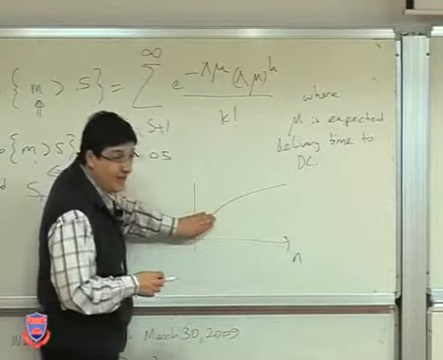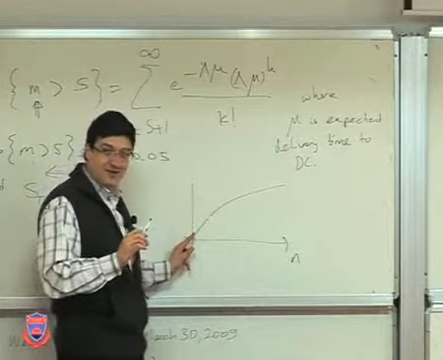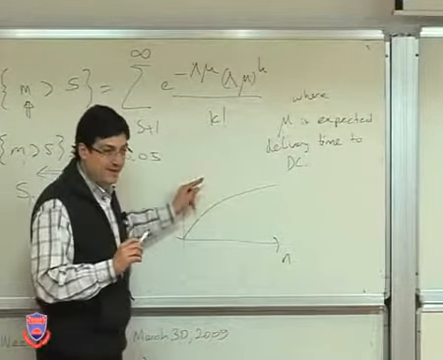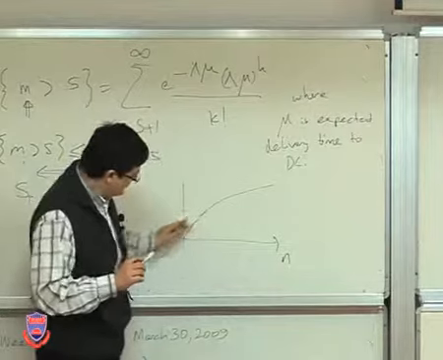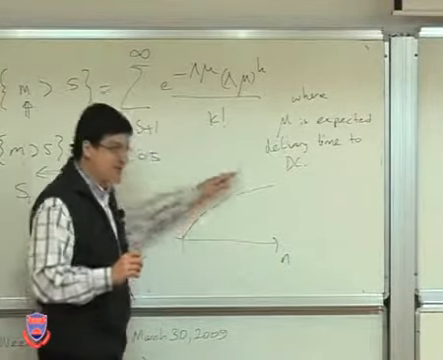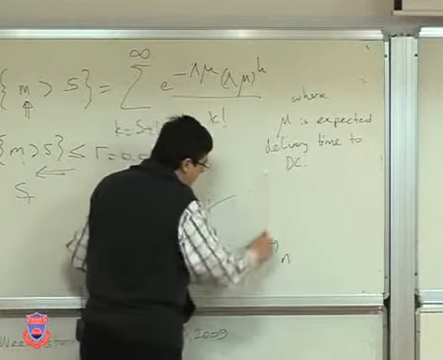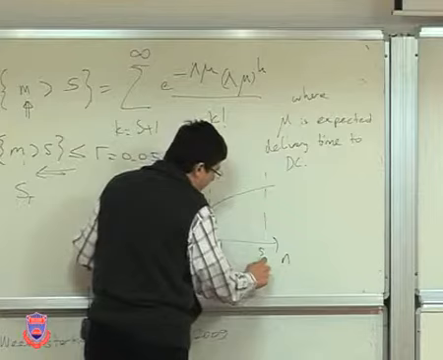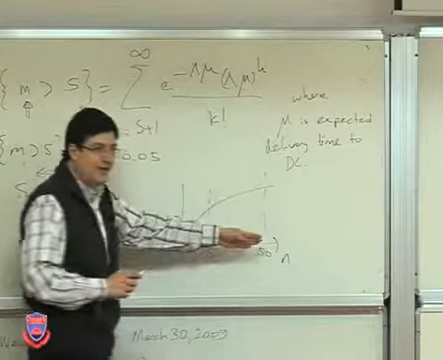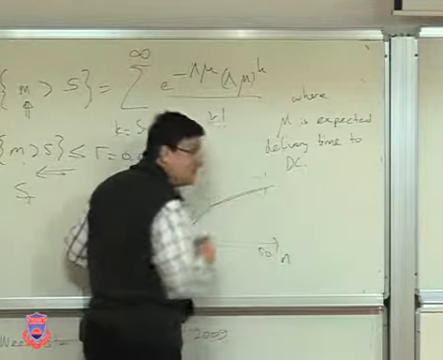Well, for small values of n, the approximation is not going to be good because you have a very steep decrease. You start with large values, it's 1 here, and then it starts to drop. But if you look at values in between, let's say 5 and 50 or 15 and 50, you're going to see that you can approximate this with a linear function.